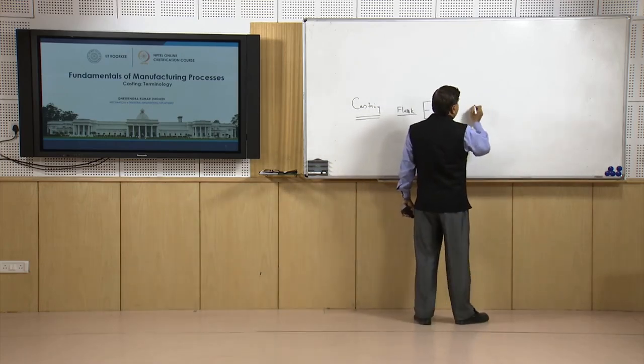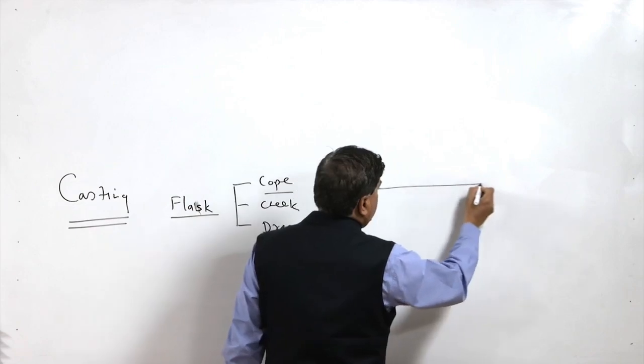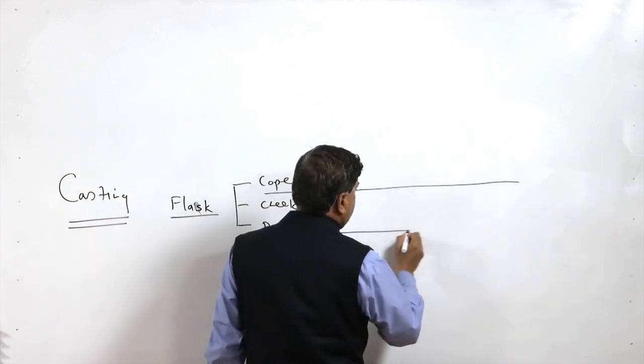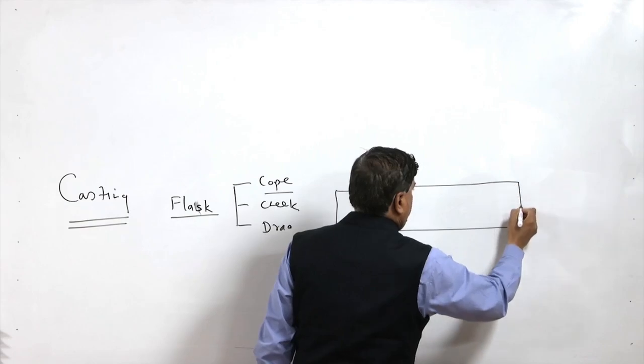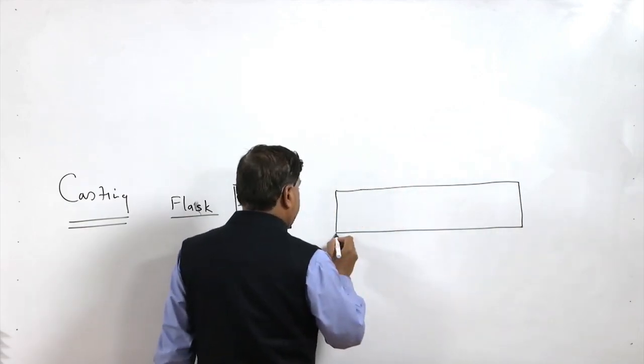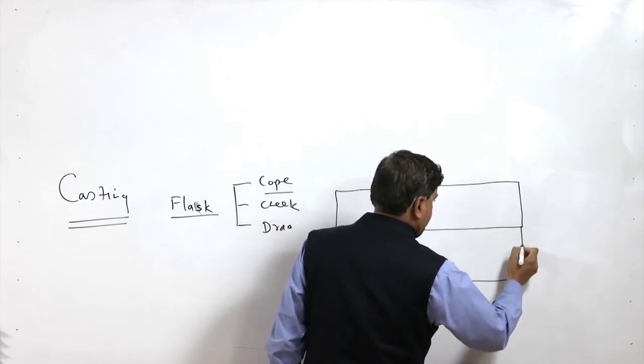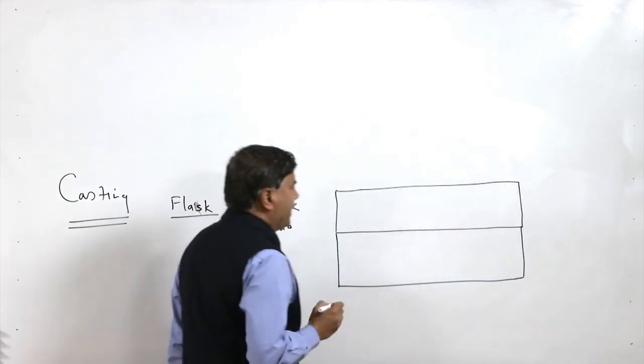So, if we see here, say this is the flask, the top flask, and where these 2 flasks meet each other, that forms the parting line.